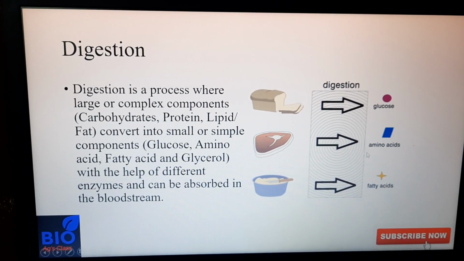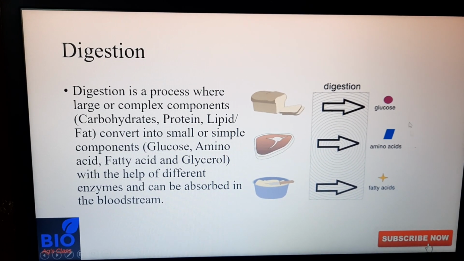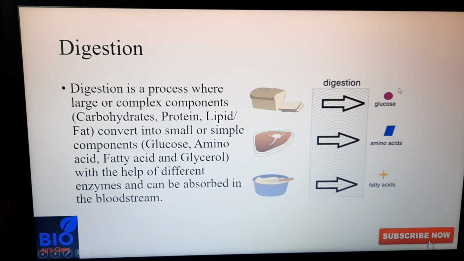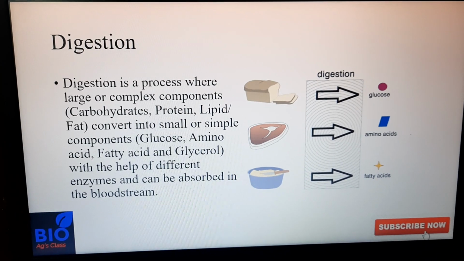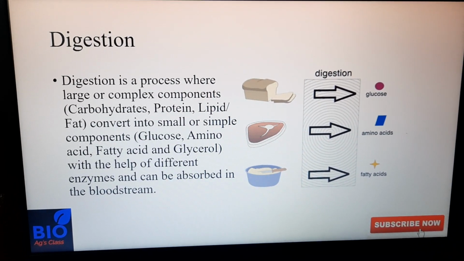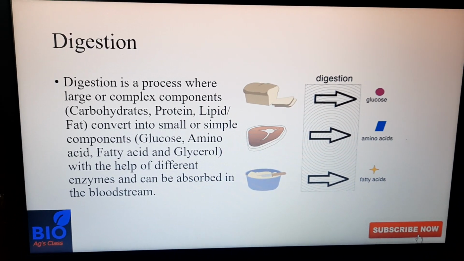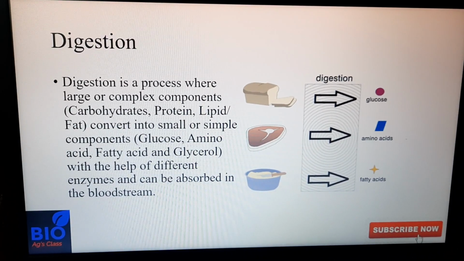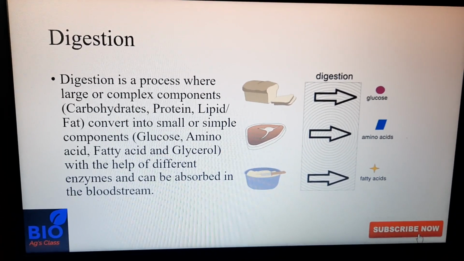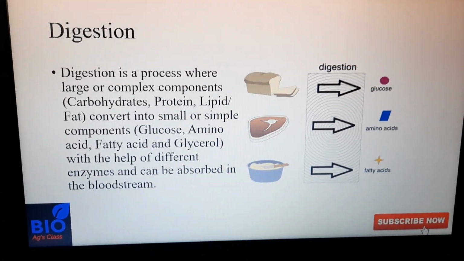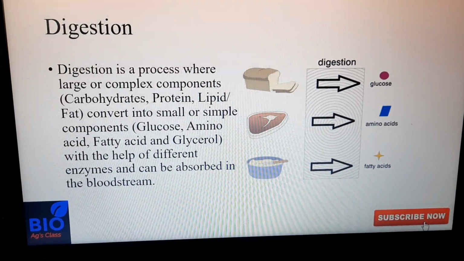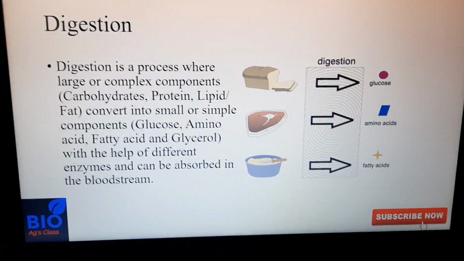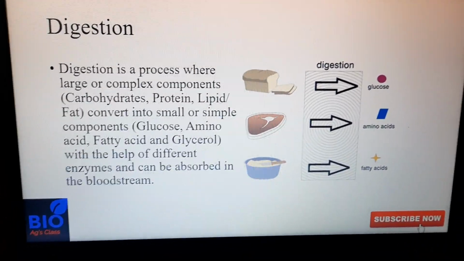And when they are converted into simple components, these components will be absorbed by our bloodstream, and from our bloodstream they go to the different parts of our body, to the various cells, and these cells take those glucose, amino acid and fatty acid and break them down and get energy. That is called respiration. That is a totally different topic, so we'll discuss it later.